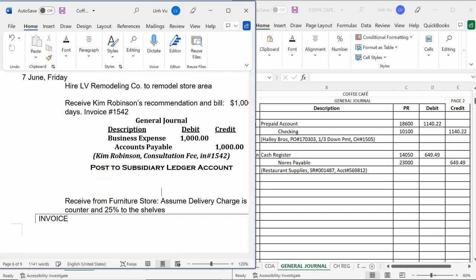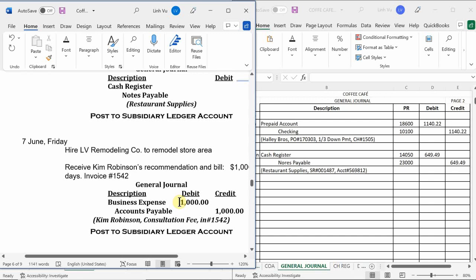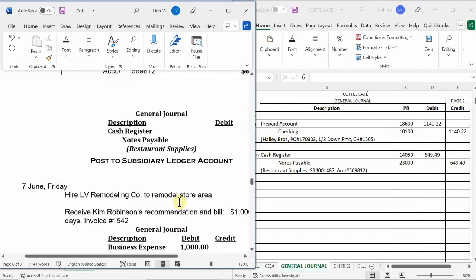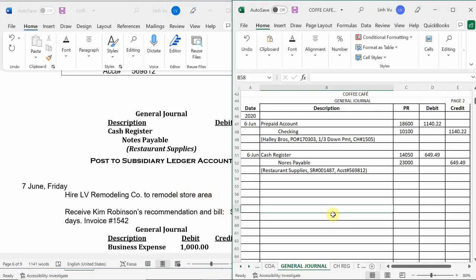Hello? Question was, I hired LV Remodeling Company for remodeling the store area. Do I need to record this transaction? Yes. Why? No, because we will pay them. There's the word, we will pay them. Do we know how much we're going to get charged?